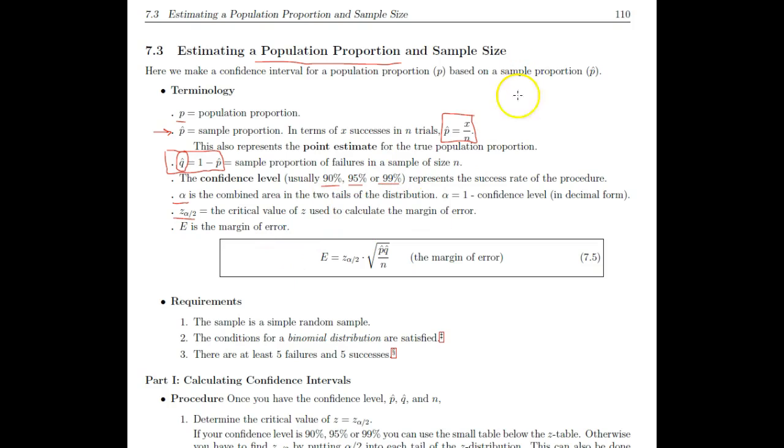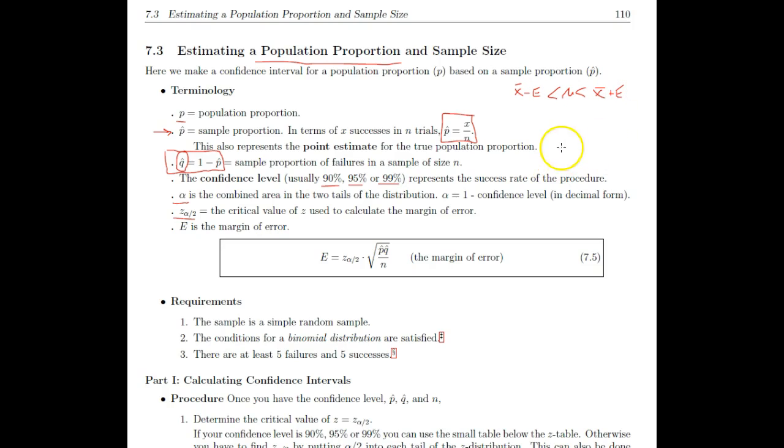So our confidence interval is going to have the same type of form that our other one had. When we were trying to estimate mu, we said it was between x bar minus some error and x bar plus some error.